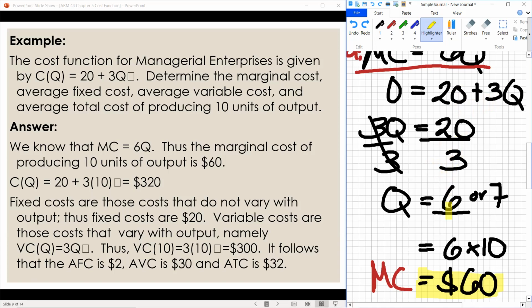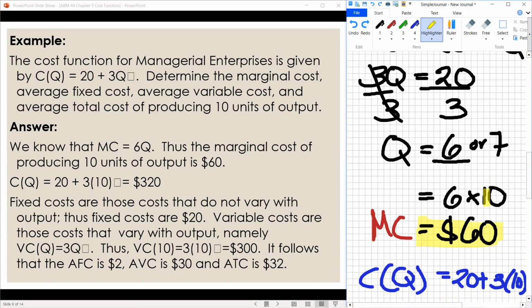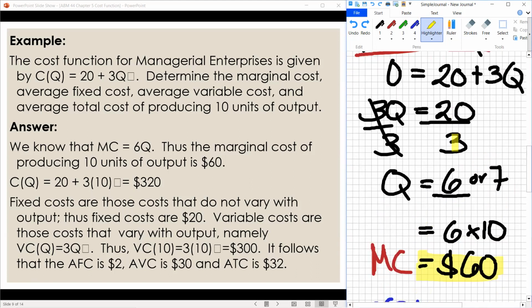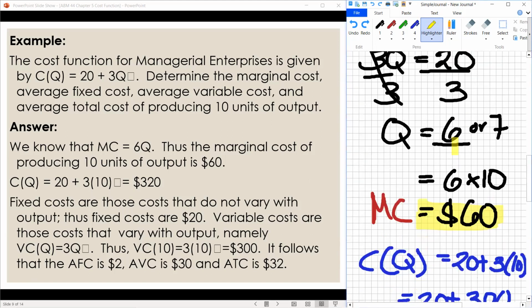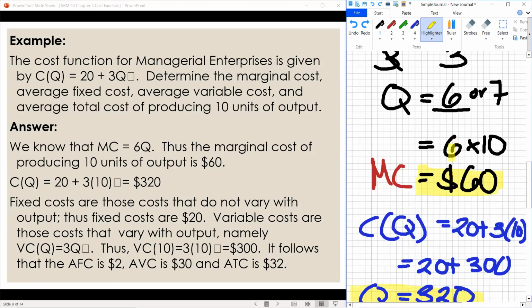So 20 divided by 3, that is actually 6.66, or let's assume 6 or 7. So we have 6 times 10, that would be 60. So don't worry, I'll give you a more fixed number. This is just for examples. So we have MC of 60. So the first one is already done.